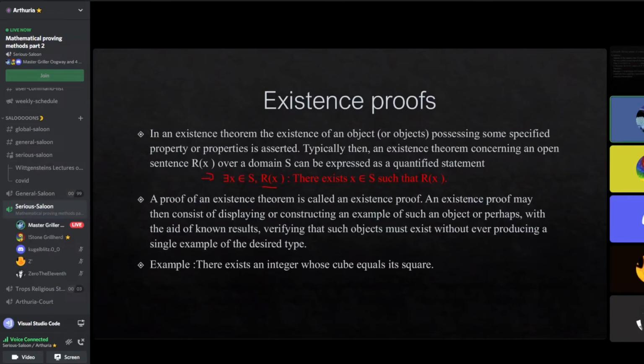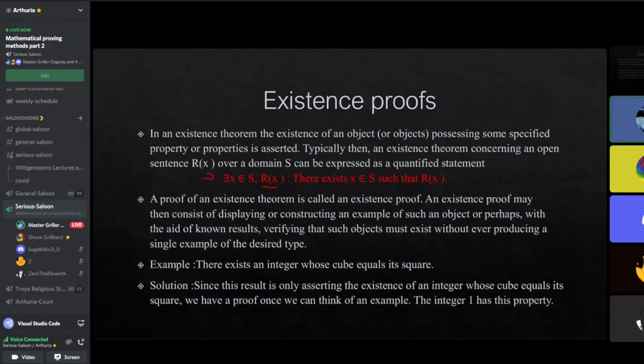Okay, I think that everyone knows what cube and square mean. The obvious number is 1. 1 cubed is equal to 1 squared.